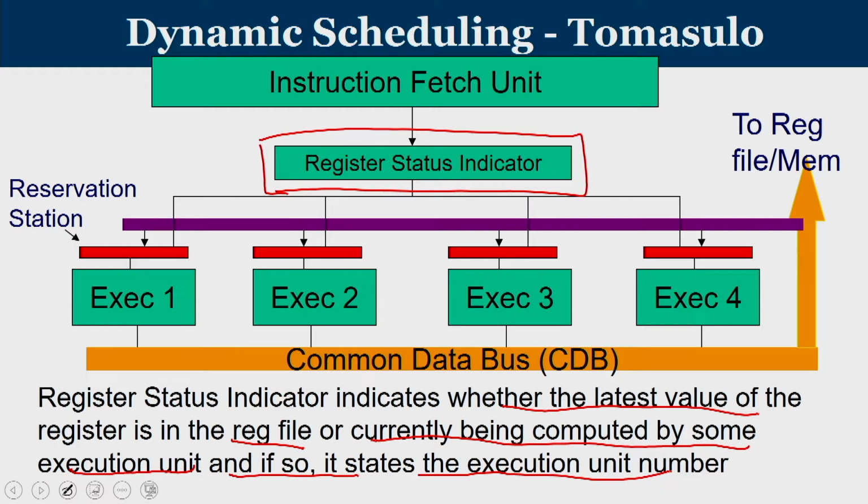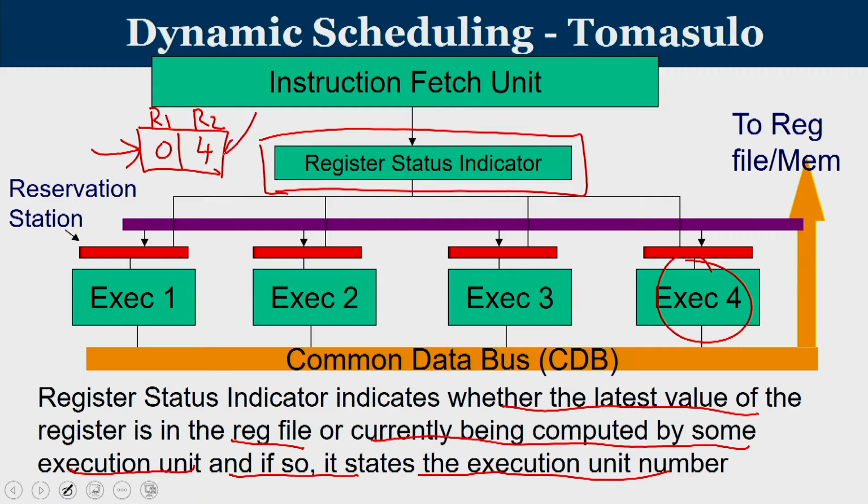Let us say there are two registers, R1 and R2. If the register status indicator is 0, that means the latest value of register R1 is available in the register file. If it is written as 4, then the latest value of register R2 will be produced by execution unit 4. So, any non-zero value shows that the updated value of that register is not available in the register file.